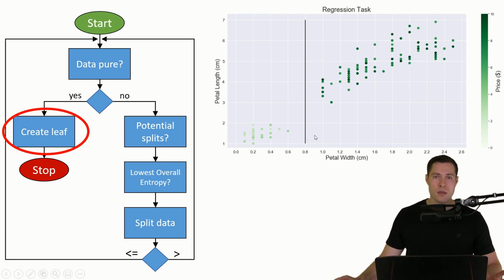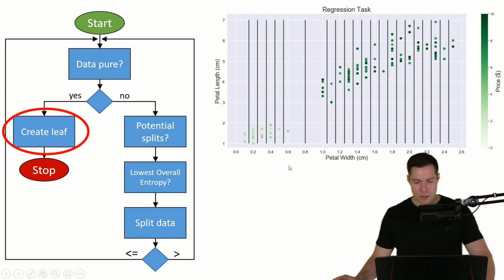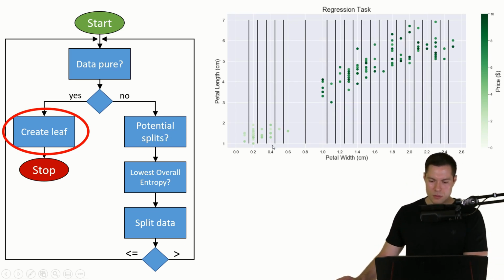Well, just like it was the case for the classification task, we first determine all the potential splits. And just as a side note, in the code update video of this playlist, we changed our get potential splits function in such a way that we would regard the actual values of the dots of the flowers as potential splits.